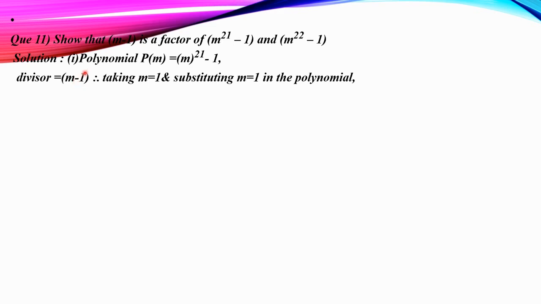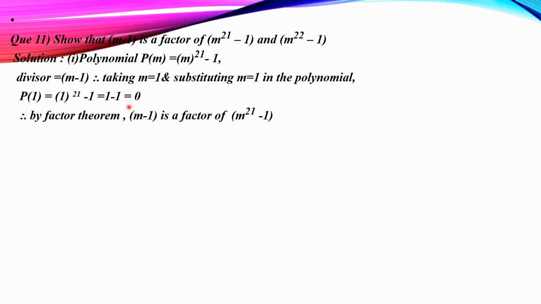So substituting the opposite of minus 1 as m is equal to 1 in the polynomial, we get 1 raised to power 21 minus 1, and that is equal to 1 minus 1 and is equal to 0. Now by factor theorem, when we are substituting the value P(1), we are getting answer as 0. Therefore m minus 1 is the factor of m raised to power 21 minus 1.